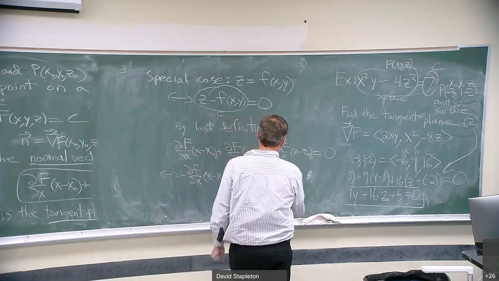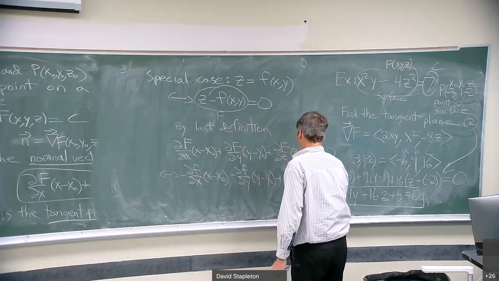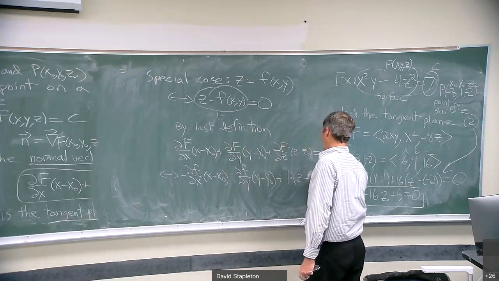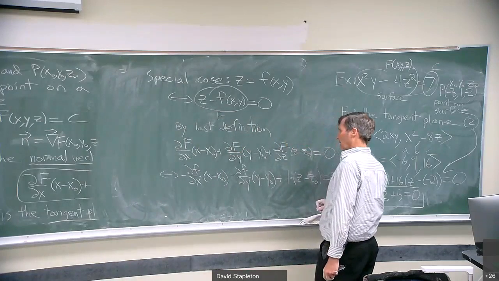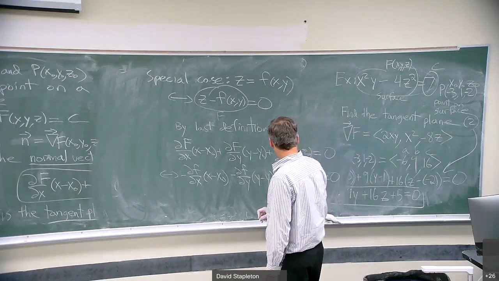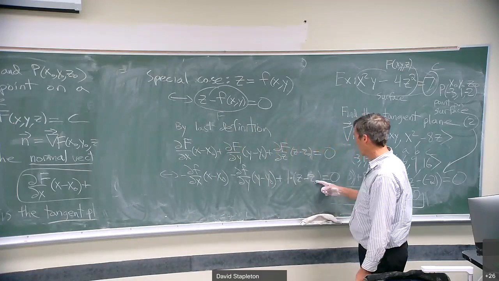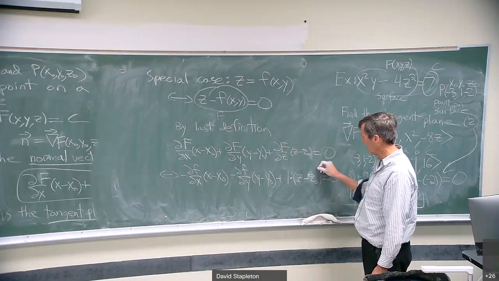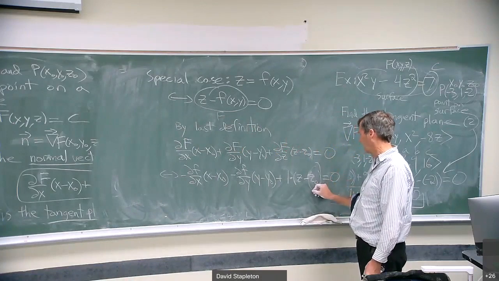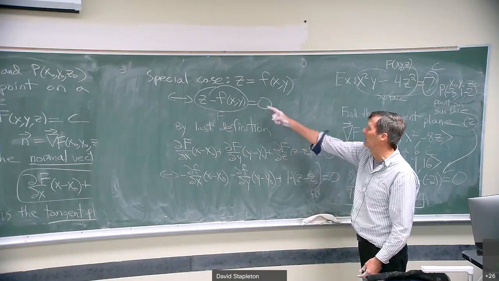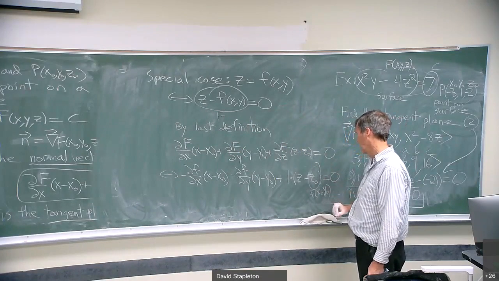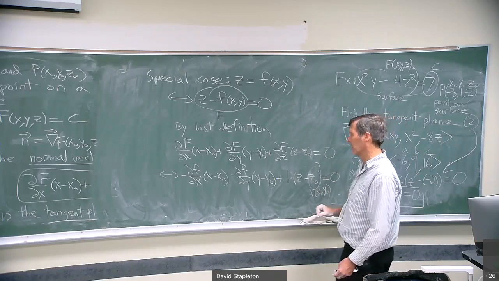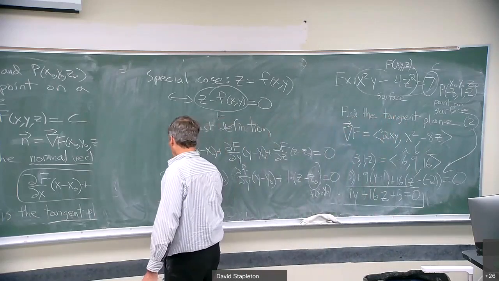Partial with respect to z is 1. And now we get this. Z naught, what is that? We can now make a nice substitution. We can say z naught is actually f of x naught y naught, by the equation that we're given. And when we put that all together, we get this.